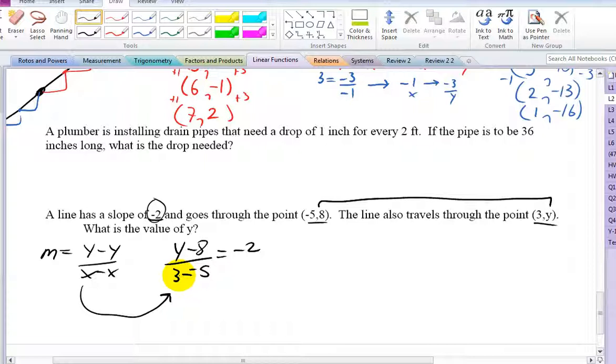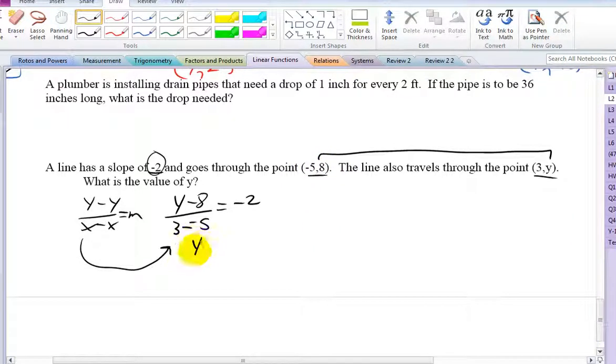You guys okay with that? That's kind of a big step there. Instead of, and kind of have equals m on the other side. Does that make more sense now? Okay. So we get y minus 8. I'll write that down below. Y minus 8 over 8 equals -2.